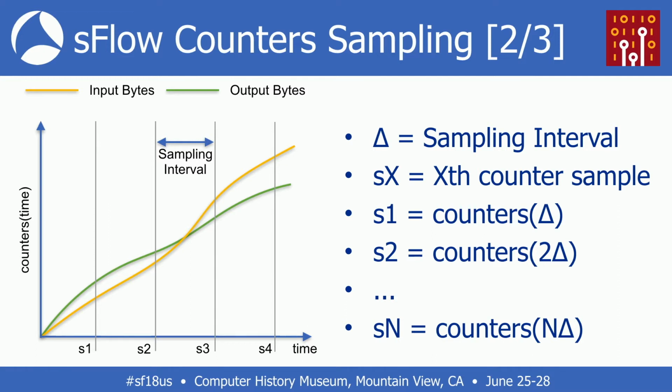So if those two lines are the input and output bytes of an interface, your sFlow agent will periodically, every delta seconds, visit the counters, get these values, and put them into an sFlow counter sample.